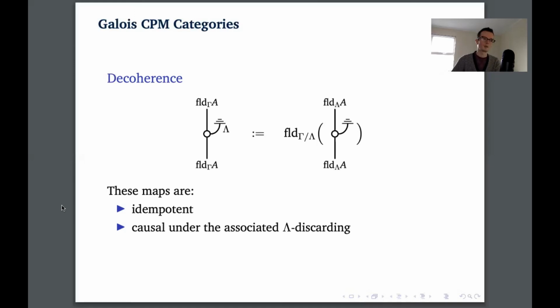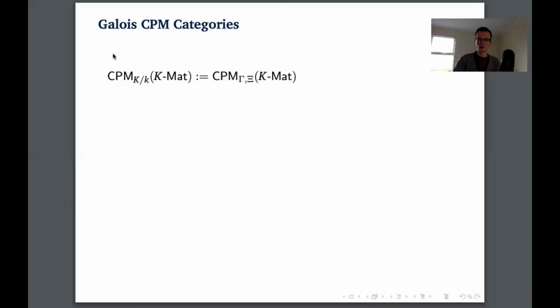Okay, so the outcome of this discussion is the following. We can define the following categories: CPM, which relies on this Galois extension, and it's just the CPM category where the folding is given by the Galois group, and the environment structure is given by this discarding via subgroups of the Galois group. And these categories have some nice properties. Firstly, they are enriched in commutative monoids, and they're dagger compact categories.